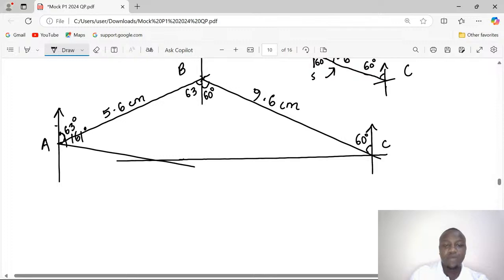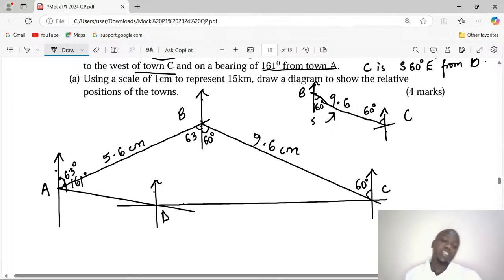When you measure 161, it will intersect with the line which is moving to the west from C. And that point of intersection will give us our point D. So town D is going to be found here. This intersection will give us D. So we'll be having the right interpretation of the diagram.